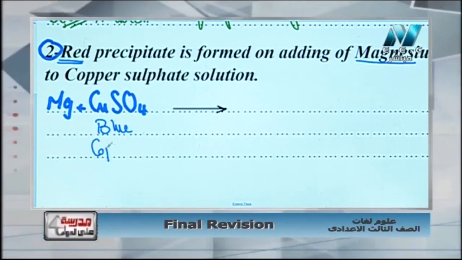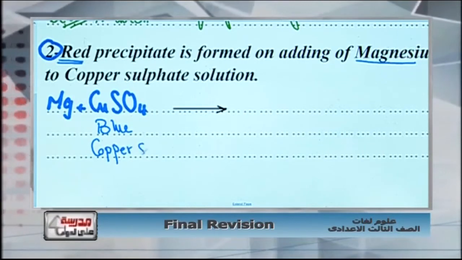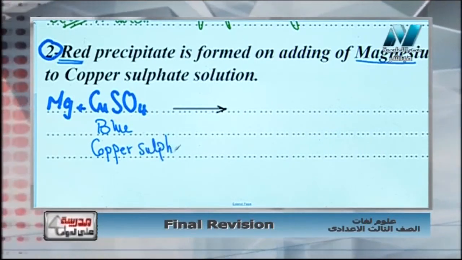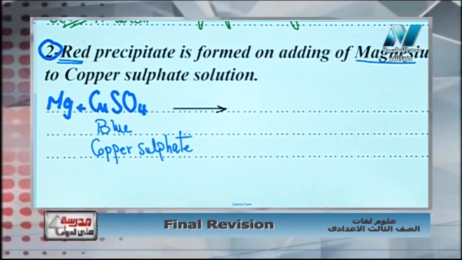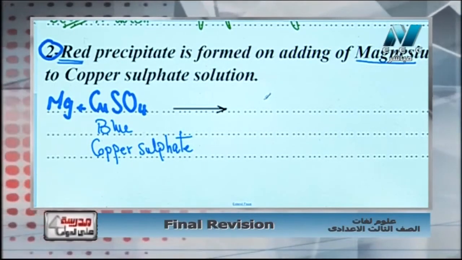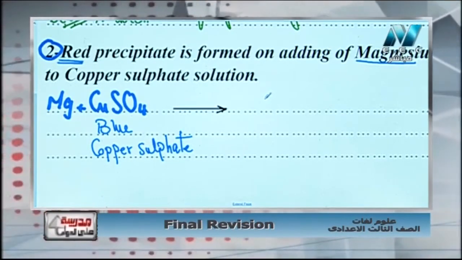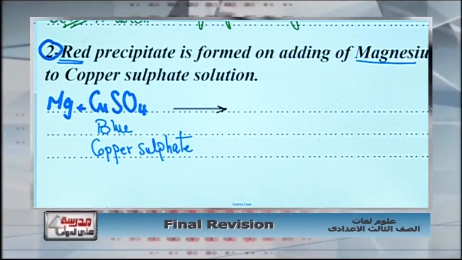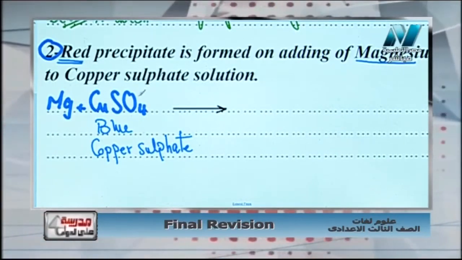طبعا here we have blue copper sulfate, but we should write names and colors below the chemical formula. يعني مش هكتب الايكويشن بس هكتب النيم والcolor.